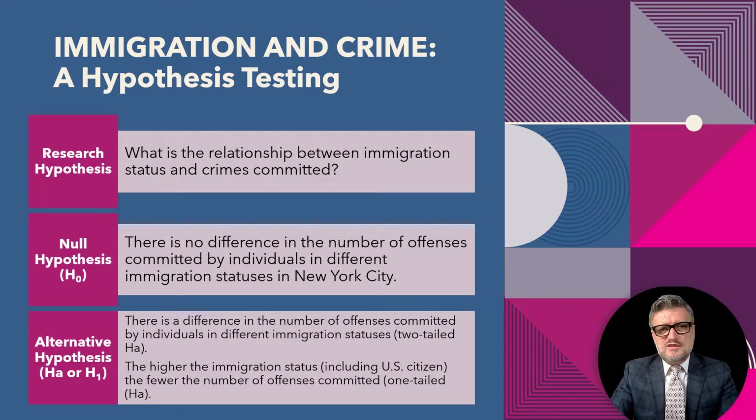Although for purposes of this podcast this hypothesis is fictitious, this would be an excellent topic for research. Finding out if lawful residence and higher status of immigration, culminating with U.S. citizenship, decreases crime, it would be prudent to recommend policy encouraging naturalization and/or lawful immigration.